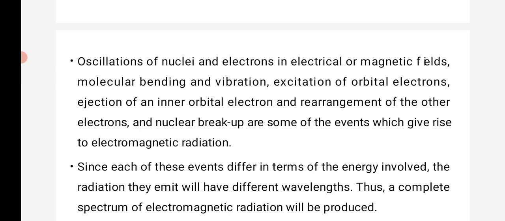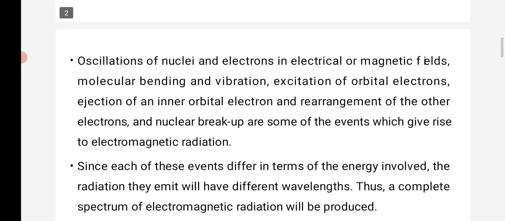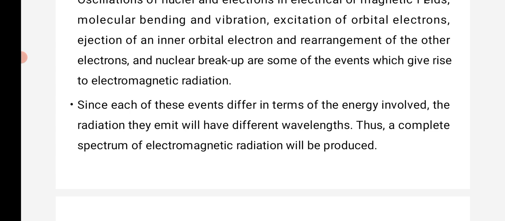So I will clearly explain that electromagnetic radiation is nothing but the production of wavelengths. The wavelengths are produced in the presence of electrons, excitation, inner orbital electrons and rearrangements of electrons.